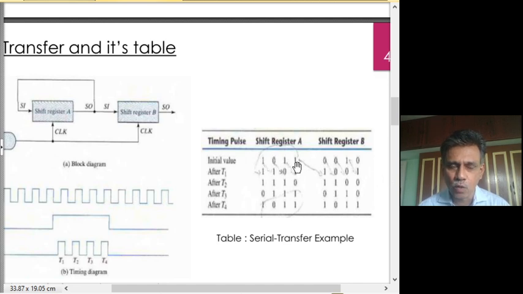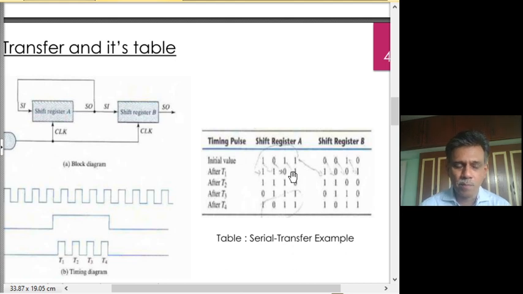Similarly, in shift register A, this 1 gets recirculated and comes to this position, while this 1 comes and occupies this position, while 0 comes here, 1 comes here, and so on. After one more transition, you would see that all these bits get transferred to the right 1 bit at a time.